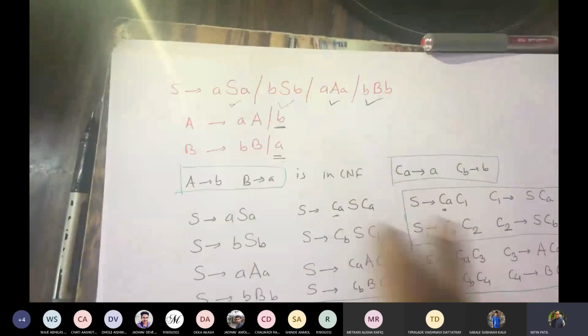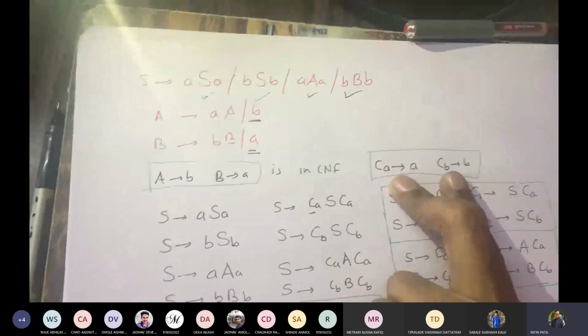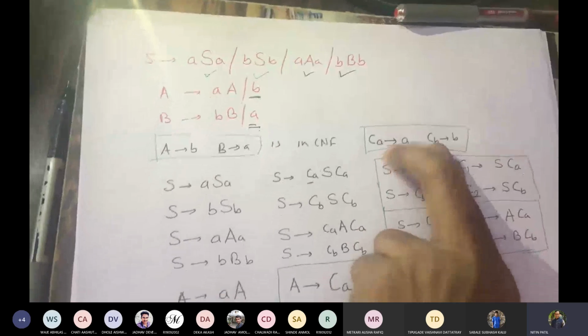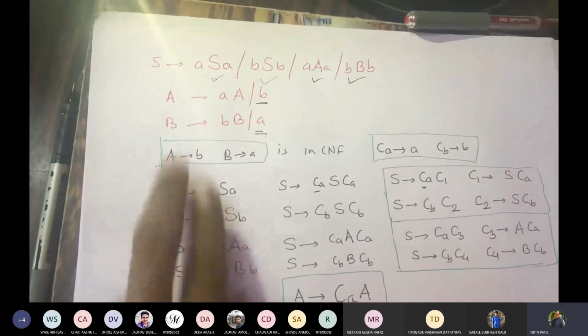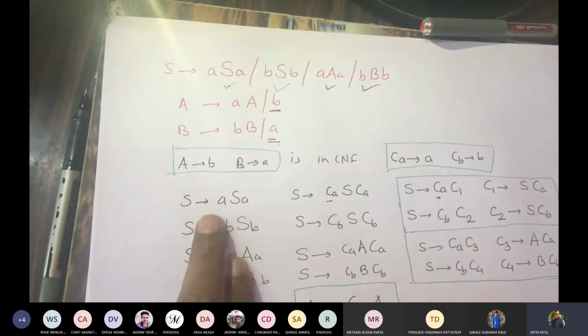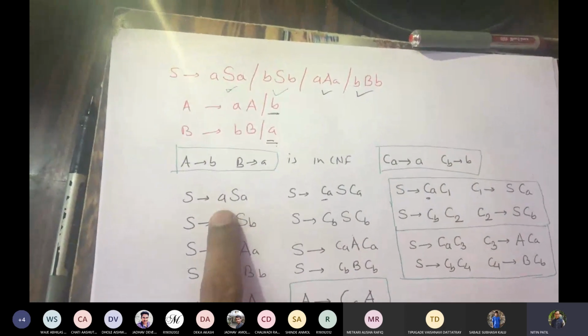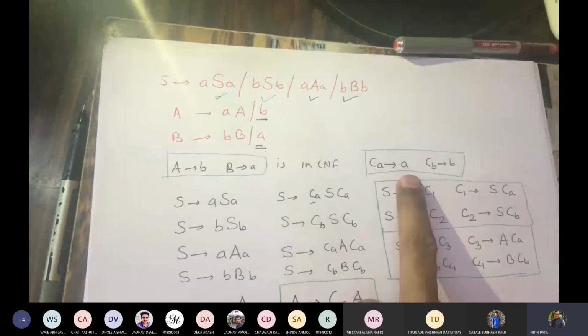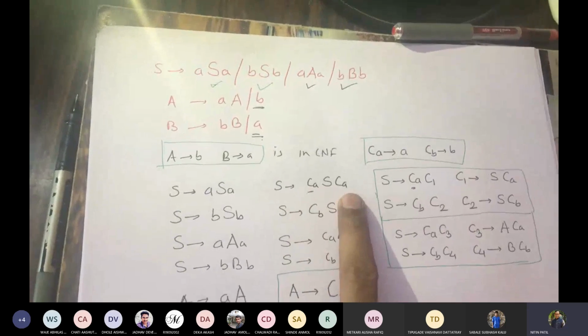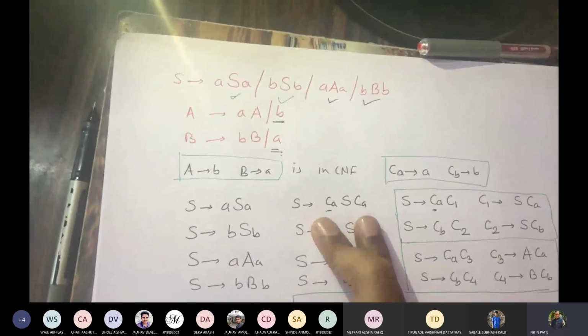In this case, we had a and b. That's why we introduced CA gives a, CB gives b. Correct? Then we started replacing by picking the productions one by one. We took S gives ASA. We replaced the occurrence of small a by the newly introduced variable CA. So we got CASCA.